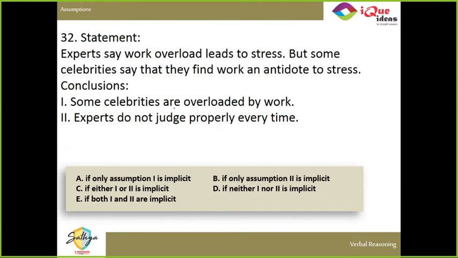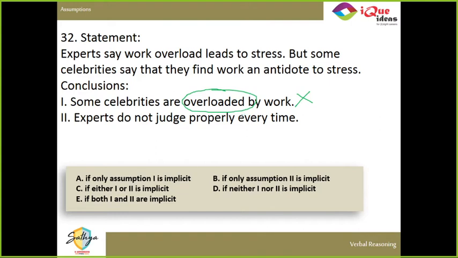Can I say that some celebrities are overloaded by work? I can say celebrities have work, but whether celebrities are overloaded or not, I don't know. Right? Whether celebrities are overloaded or not, I don't know. So the first assumption need not be made.